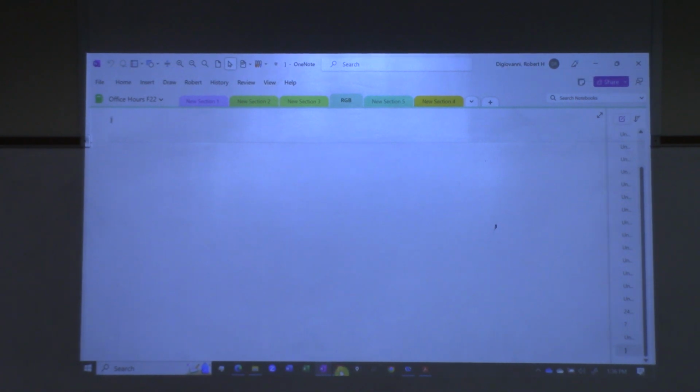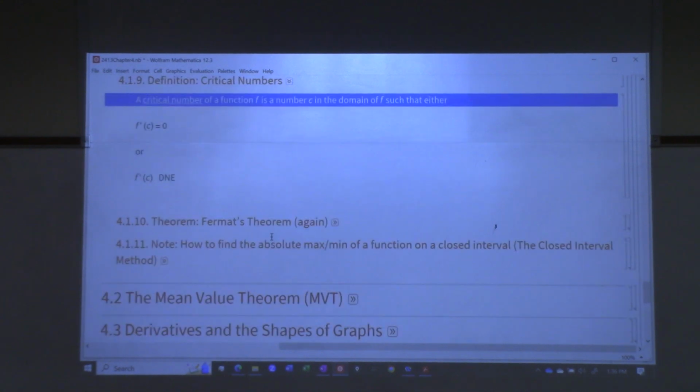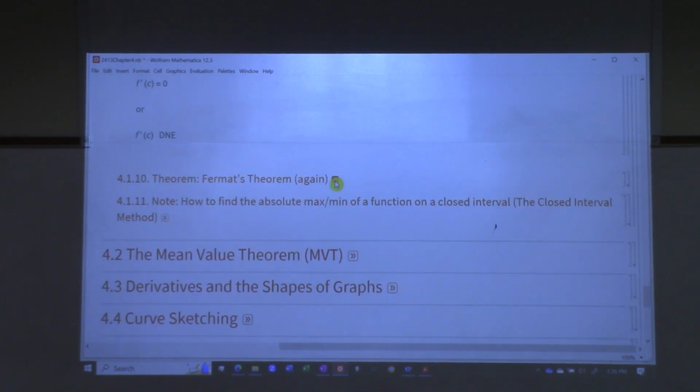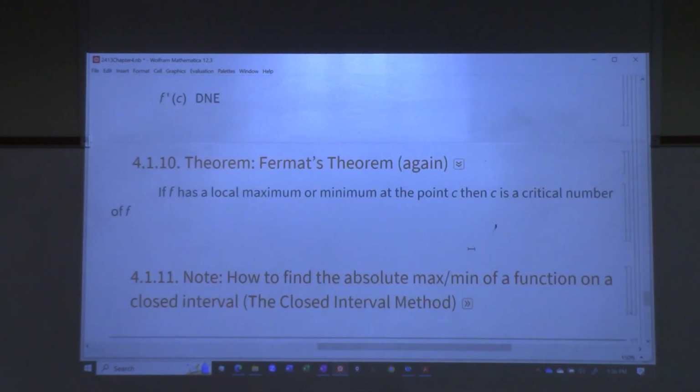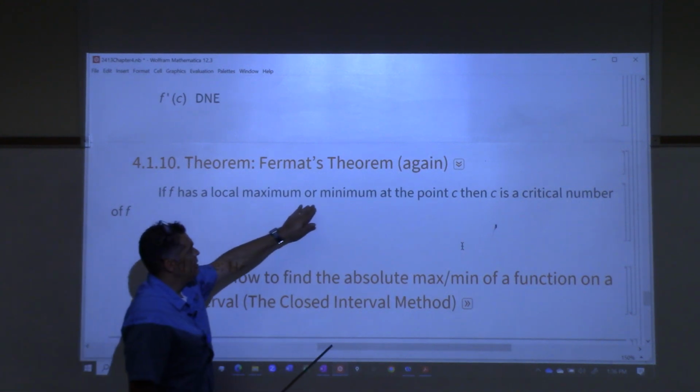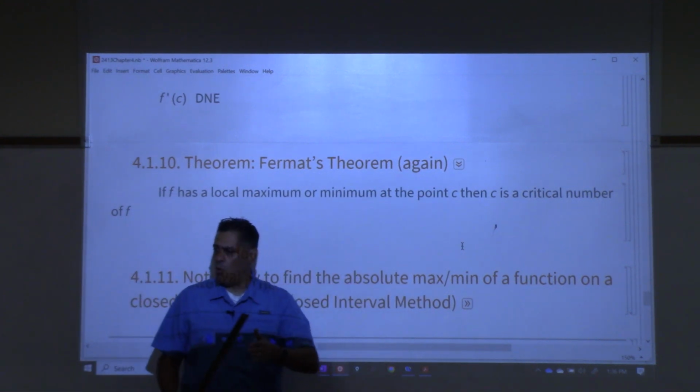Now, what can we do with it? Well, we have Fermat's theorem. And this is a big theorem. We don't need to memorize the theorem. We just need to know what the consequences of this theorem are. This theorem says, if your function has a local maximum or some local minimum at some point.